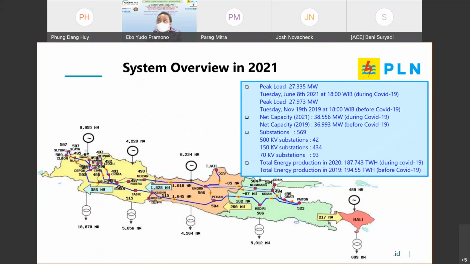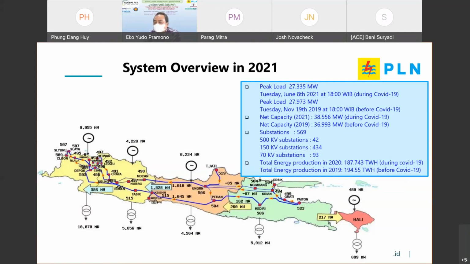This is our system in Jawa Bali. We have a peak load of 335 megawatts in June 8, 2021.